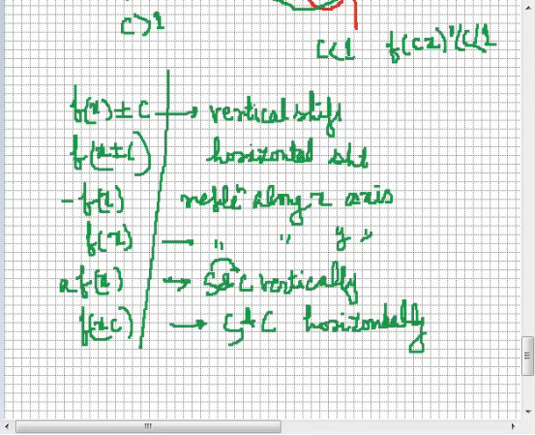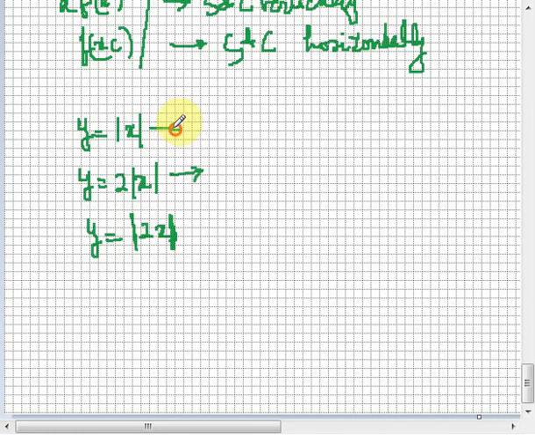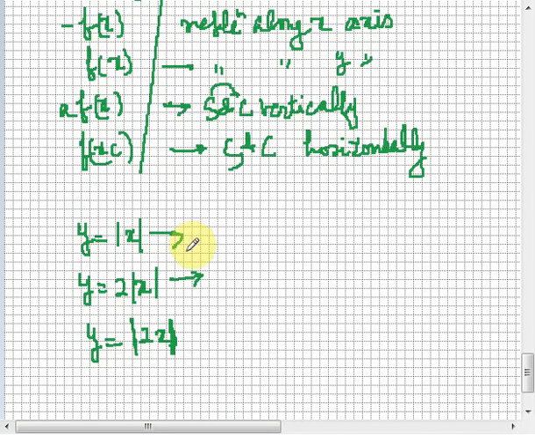Now when I was studying this for making a lecture on YouTube, some confusion came into my mind, and I resolved that confusion. I will explain. Suppose a graph is given, y is equal to mod x. Then what will be the graph of 2 mod x, and what will be the graph of mod 2x? From the above, the function is multiplied by 2, so it is S and C vertical.